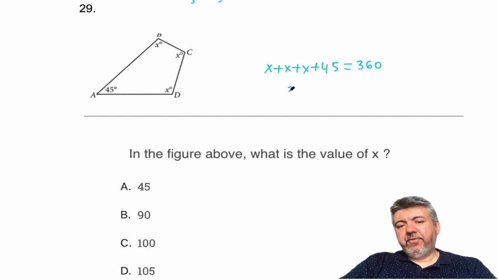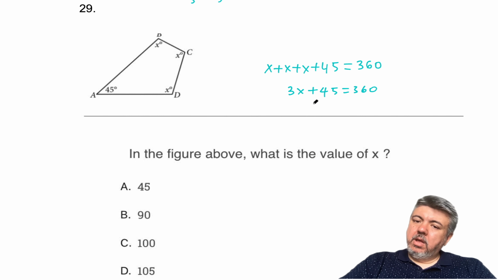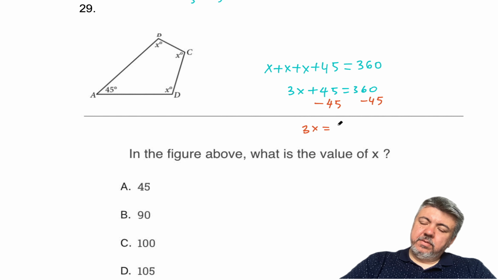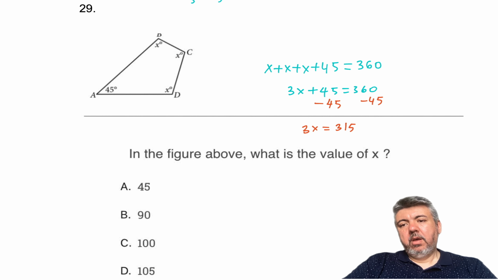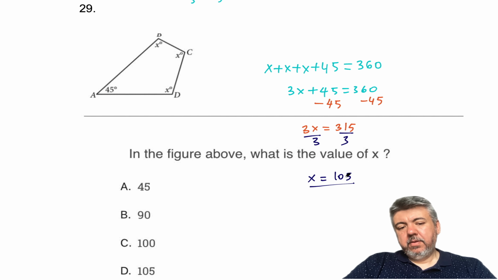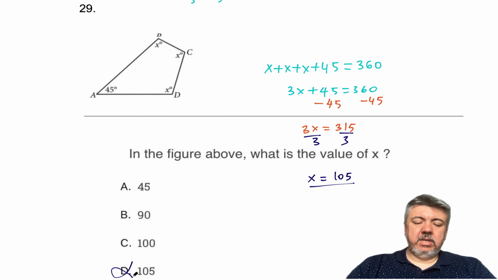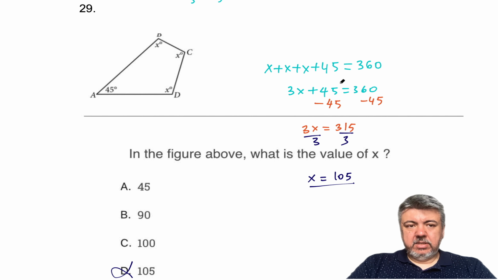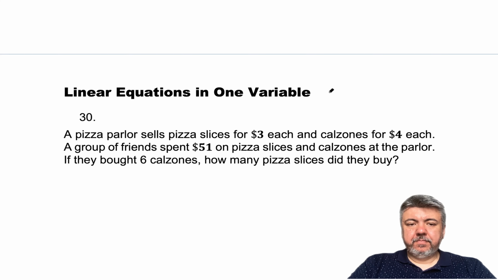So 3x plus 45 is 360. Take away 45. 3x is 315. Divide by 3. x equals 105. So the value of x is 105 degrees.